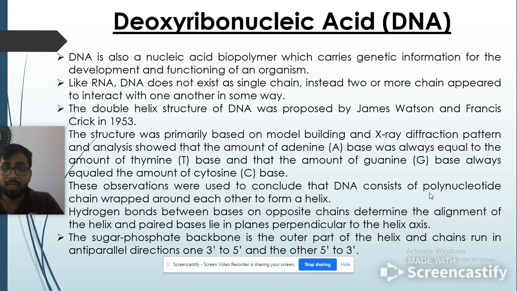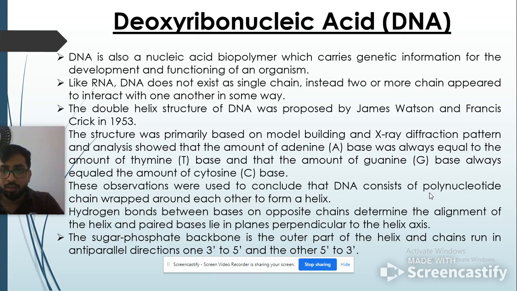So in this double helical structure of DNA, the number of adenine was equal to the number of thymine, and the number of guanine was equal to the number of cytosine molecules. These observations helped them to conclude that DNA consists of polynucleotide chains wrapped around each other to form a helix. We'll see the helical structure of DNA.